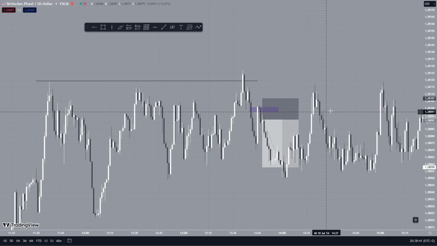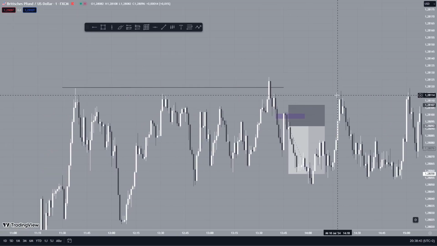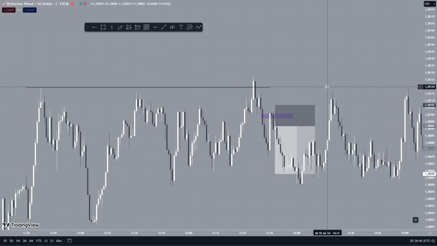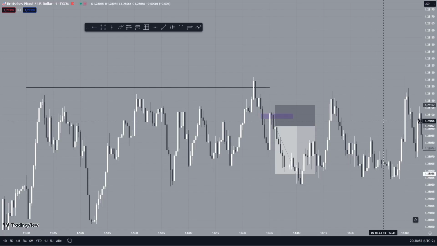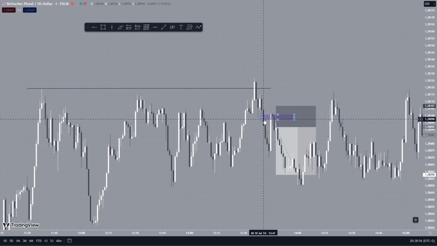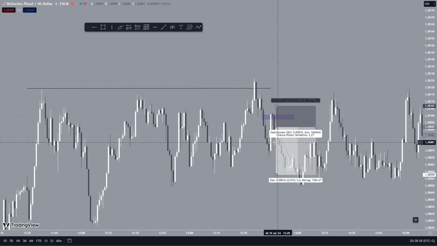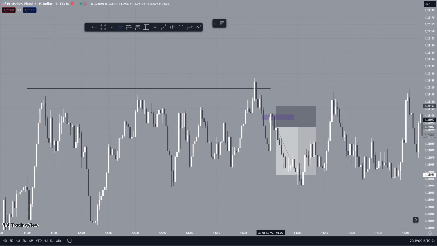Also, some people use a similar strategy to that, like liquidity sweeps and fair value gap, and they say, oh, I use the same strategy. No, you don't, because you are entering on the fair value gap instantly when you don't even know whether the fair value gap is going to get respected or not.